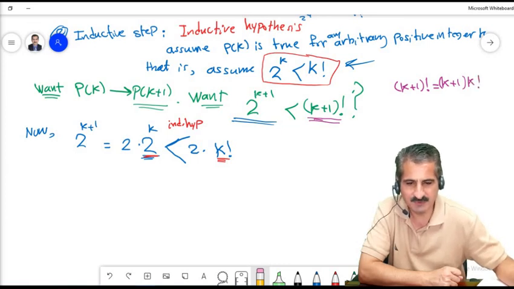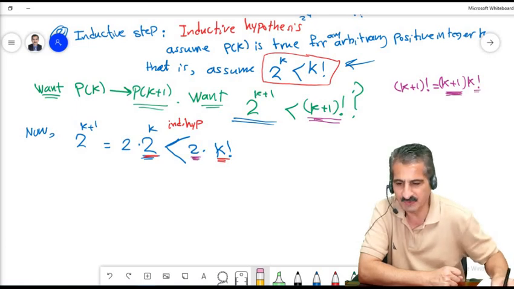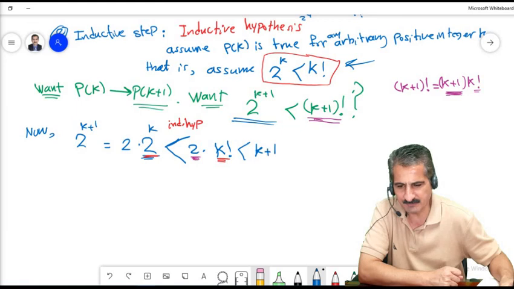So here we have k plus 1 times k factorial, and we have here 2. How is 2 related to k plus 1? 2 in here is less than k plus 1 in here.